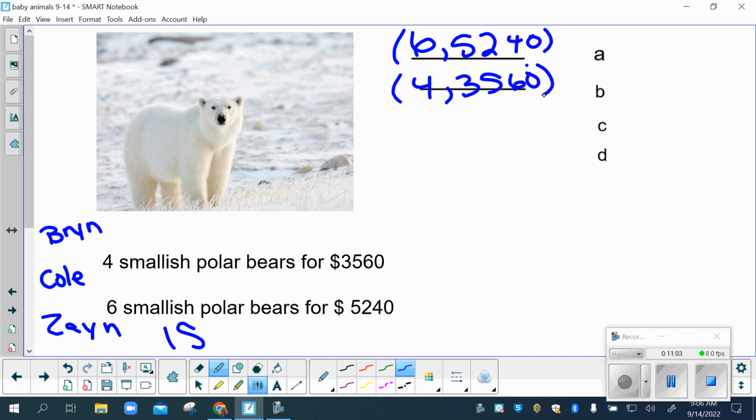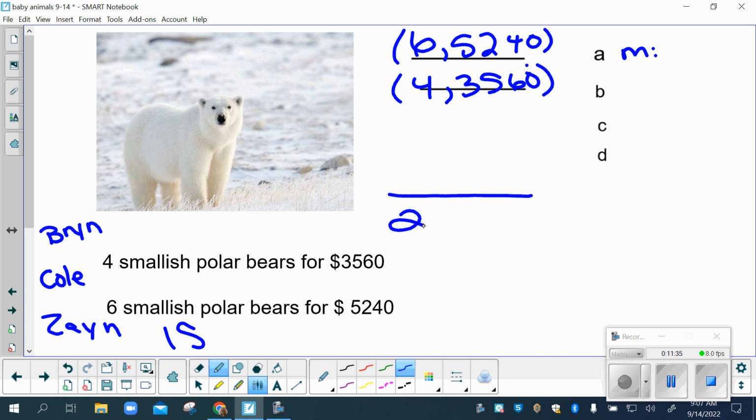So let's start here. The first thing I want to know is, what's our slope or our price per animal? Start there. I have my calculator out, so here's what I got.